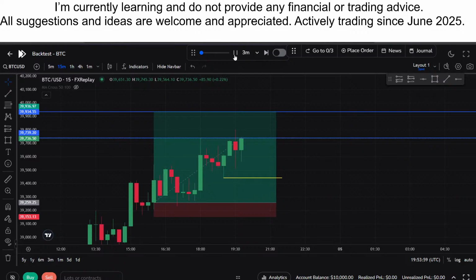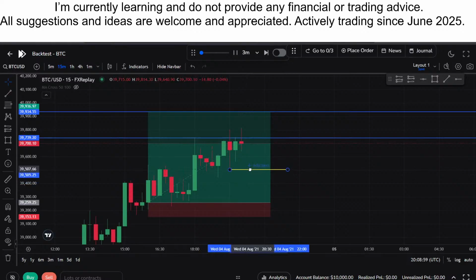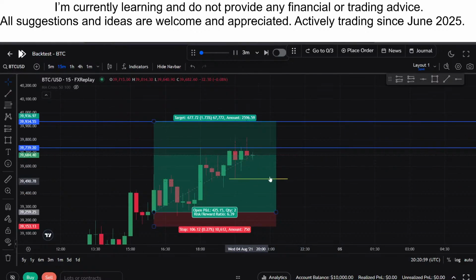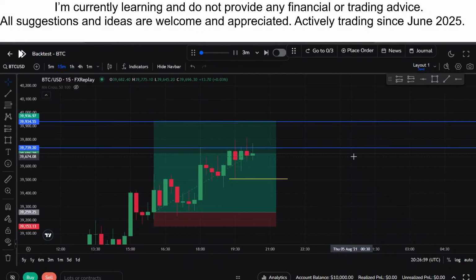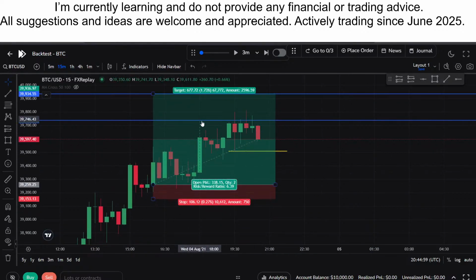Nice candle, nice up candle. New high, new low, new high, and new low. Okay, wait a minute. Let's see for the break of structure. High and low.